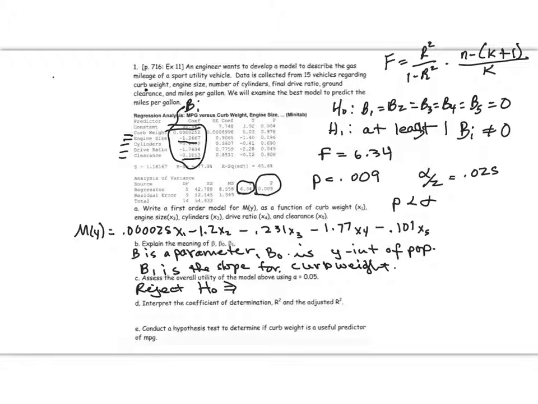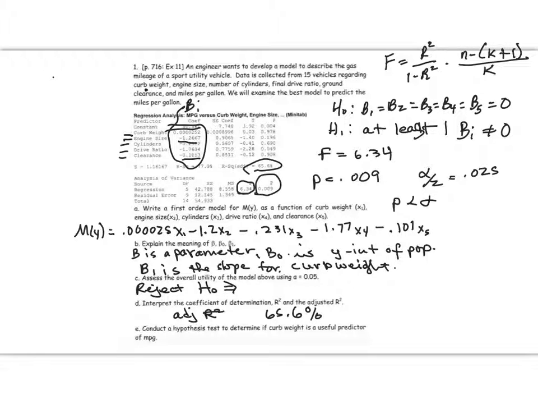Okay, the coefficient of r squared and the adjusted r squared. When we have more than one variable, we're going to use the adjusted r squared, and that is up here somewhere. There we go. It's 65.6%.